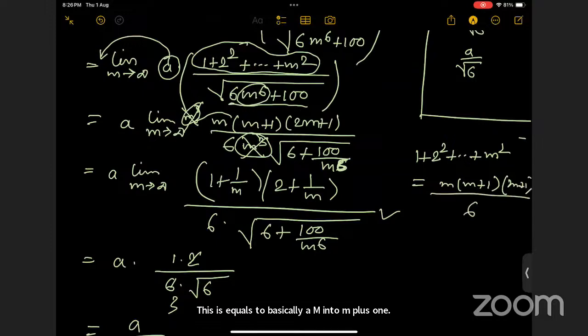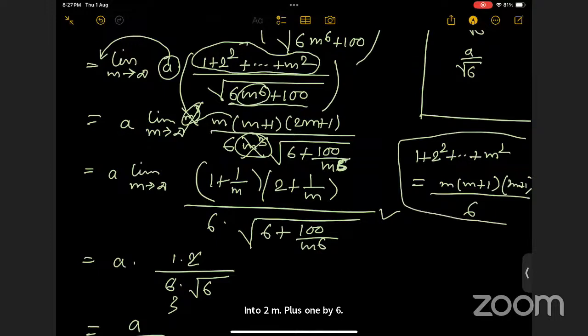This is one formula. We wrote this formula here and then we take m cube from this factor. Fine. Yes. So any other doubt?